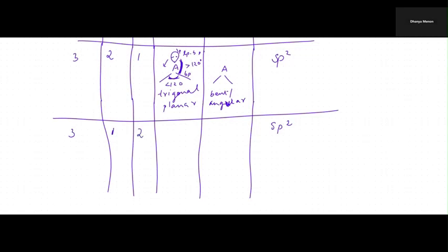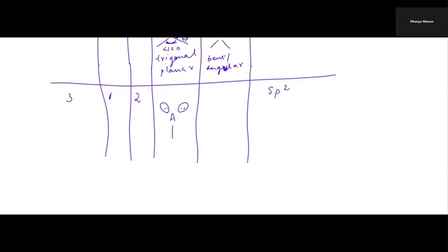So I have something like this, 2 lone pair and 1 bond pair. Or I can draw it the other way around just to beautify it a bit. So I have the 2 lone pair. This is the bond pair. The geometry is the same, trigonal planar.